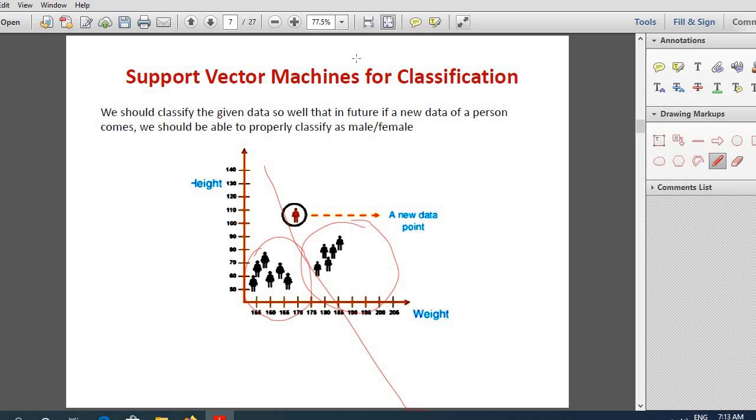So you may need a hyperplane if it is more than two-dimensional data. The line that separates the data should be good enough that in future, if you are given new data, you should be able to classify that person correctly as either male or female. Okay.